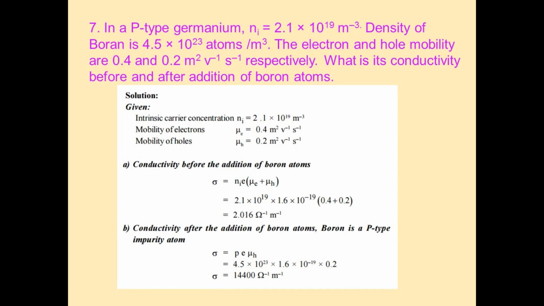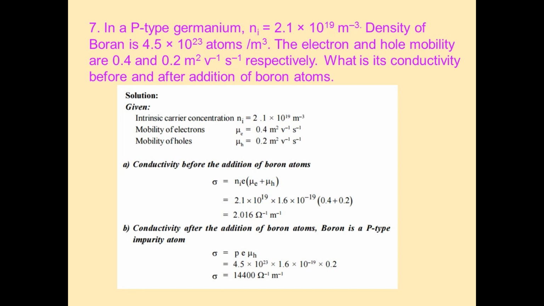Next, conductivity after the addition of boron atoms, sigma equal to P, that means Np into E into mu H, 4.5 into 10 power 23 times 1.6 into 10 power minus 19 into 0.2.